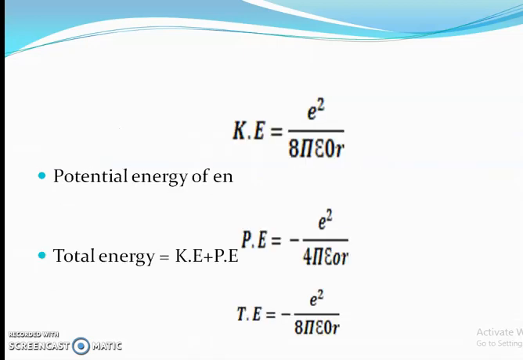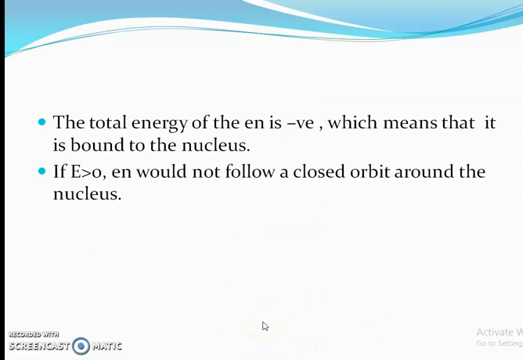Here, just look at the equation. The total energy is negative. This means the electron is bound to the nucleus. That is, the electron is not free; it is attached, or bound, to the nucleus.